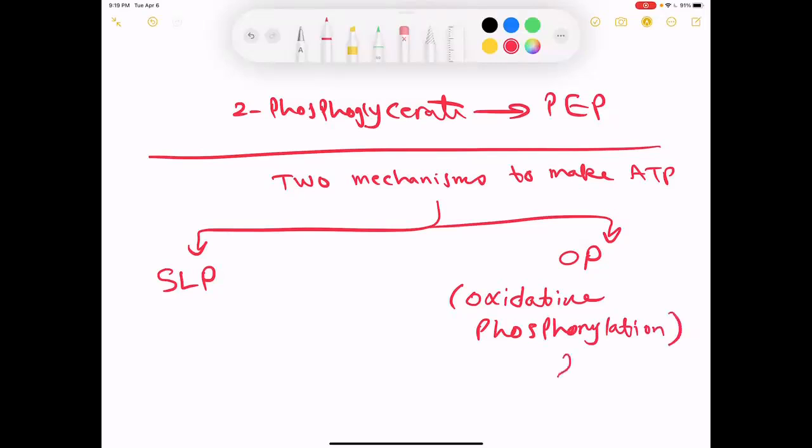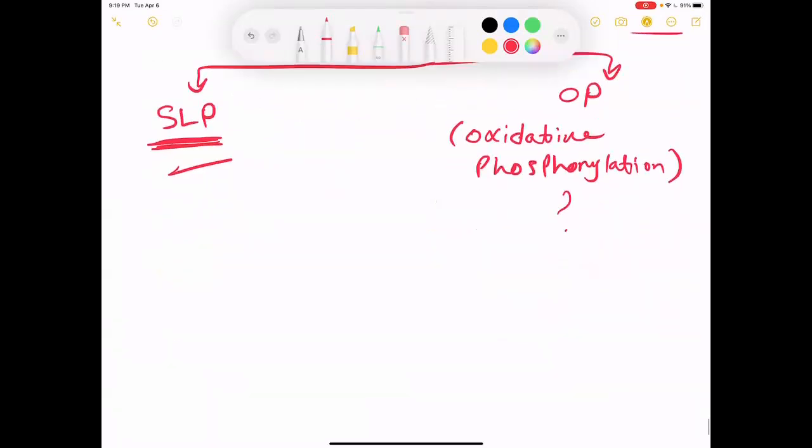Now, what's this one? I don't know yet, but keep it in mind because it's going to come up. So, we know already one of them. I said there are 2 mechanisms, 2 pathways by which you can make adenosine triphosphate. One of them is substrate level phosphorylation, which we have a very nice idea what that is. And I said oxidative phosphorylation, which we are not exactly sure what that is yet. So we will come back to that as well.